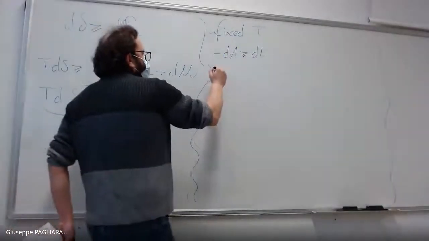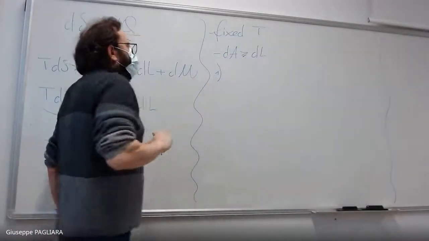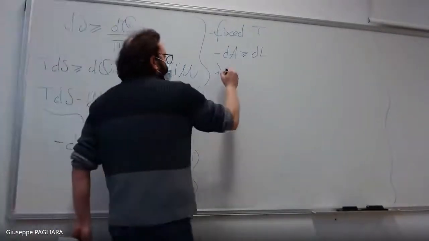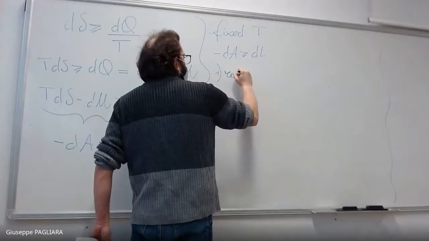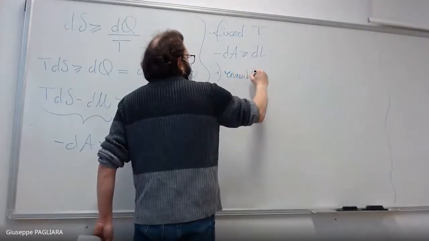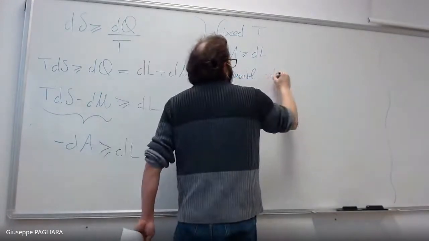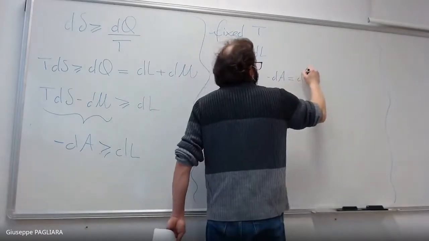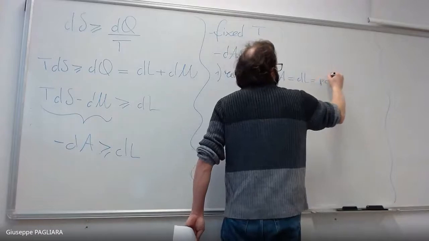The first observation is that if I have the equality, for reversible transformation, minus dA is equal to dL, which is itself equal to PdV.